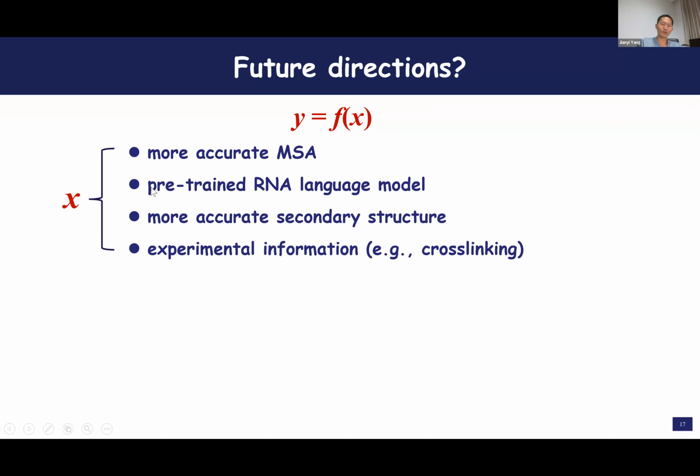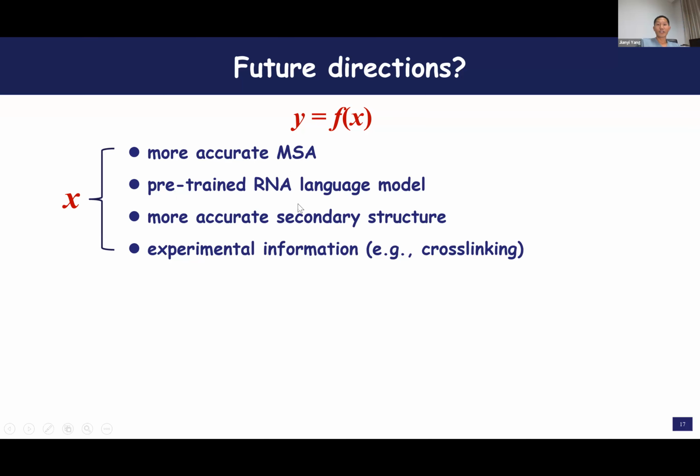We can just build a pre-trained RNA language model. We already see that there are some models published online, and I will try some, but they do not work very well at this stage. But we hope that in future we can make a better pre-trained RNA language model to solve this first problem.